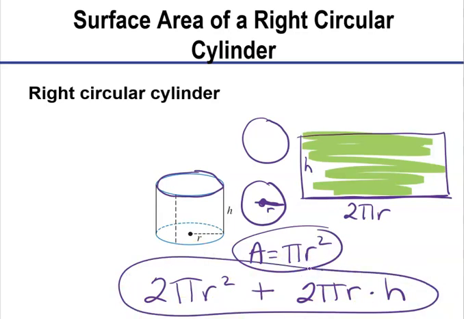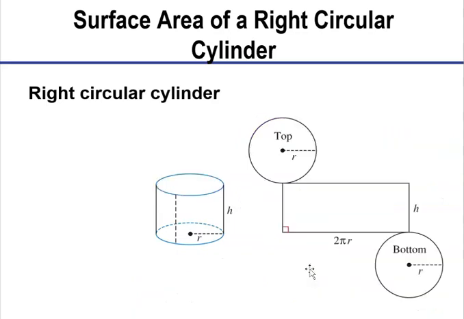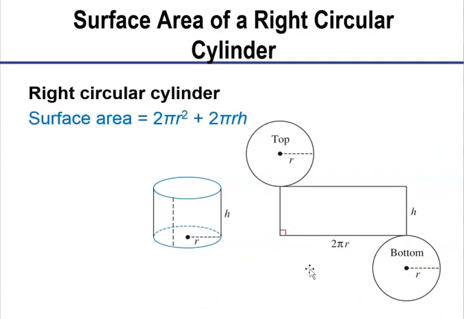Now, like always, I like to give you the nice, neat version of this. So here is our decomposed can of soup, and surface area is right there. So 2 pi r squared, they wrote it backwards. This is just like we wrote it.